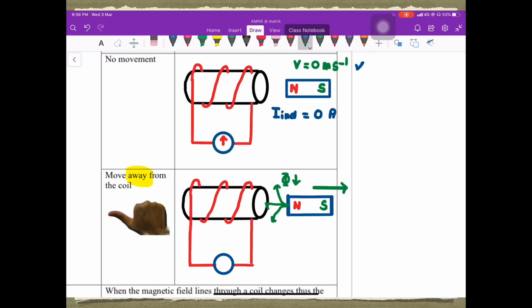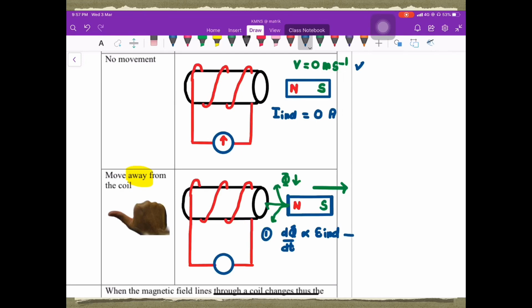From Faraday's law, when the magnetic flux is decreasing, it is proportional to the induced EMF.